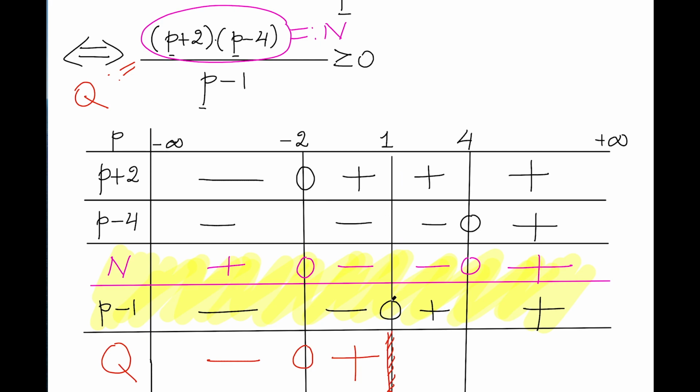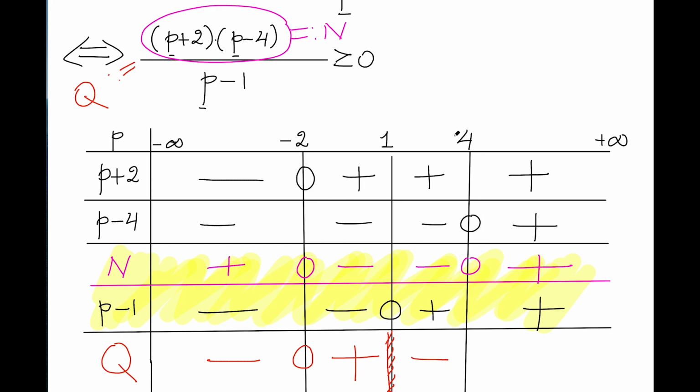So when p is 1, the denominator is 0, upstairs, which is the n guy, is not 0, and non-zero divided by 0 is an error. So this is my notation for error in this table. Once you are away from 1 to the right, upstairs becomes minus, downstairs becomes plus, quotient becomes minus.